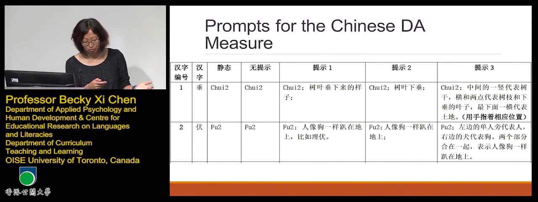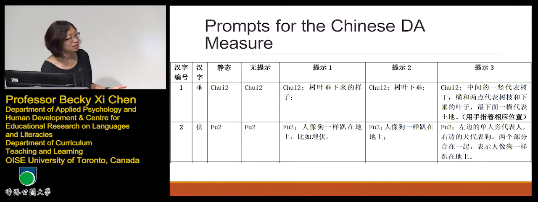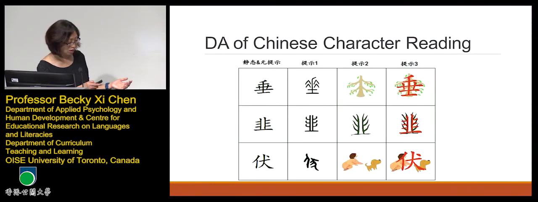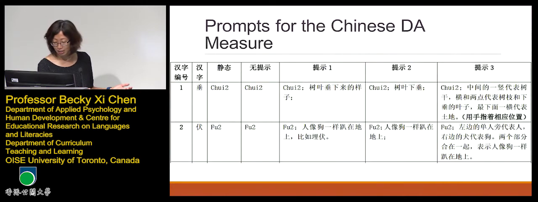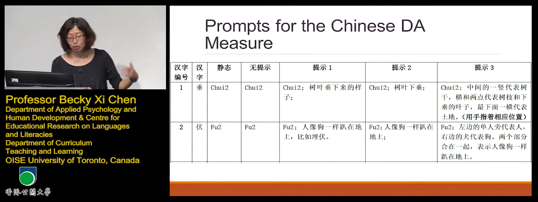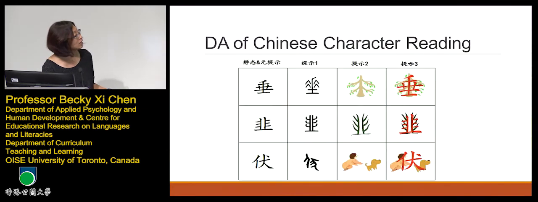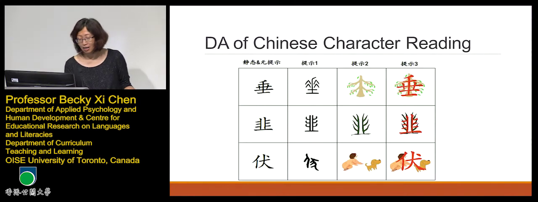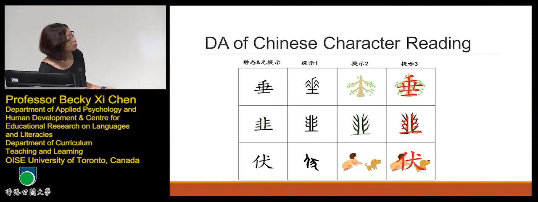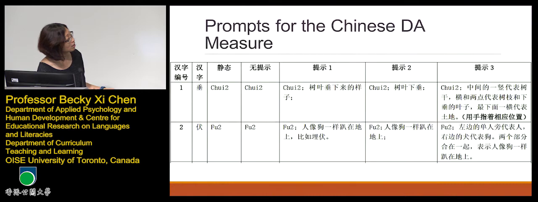Some people will know it, right? It's pretty obvious, but some children still struggle. And then you show them this picture, and you say, 看，这个是树叶在下垂，树叶下垂。Some children may get it, and some may not. And then if they don't get it, you can go to the next prompt.